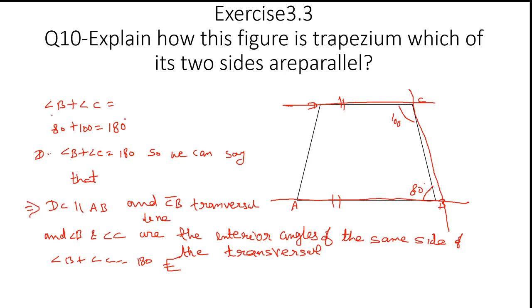First of all, we have found the value of angle B plus C. B plus C is 180 degrees. So we can say that DC is parallel to AB and CB is the transversal line. So the sum of the interior angles on the same side of the transversal is 180 degrees, and the quadrilateral has one pair of parallel sides.